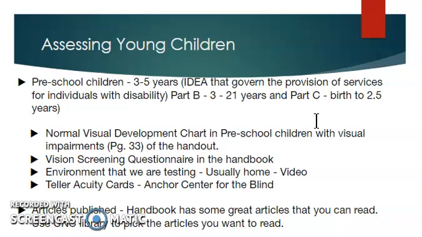And then at the end of the handbook, there is a list of published articles. I would highly recommend you pick a couple that you would be interested to explore more in this area. If you go to the UNC website, there is a library.